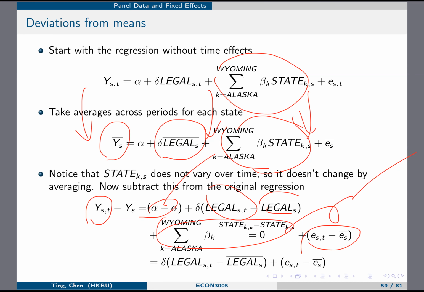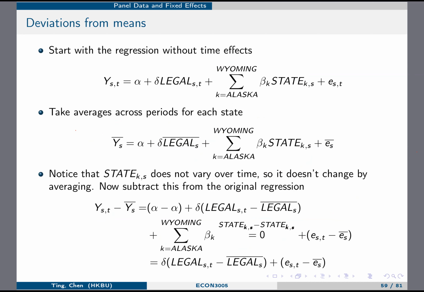So the y variable minus its mean is equal to delta times the x variable at state-year level minus the mean at the state level. The same for the error term.